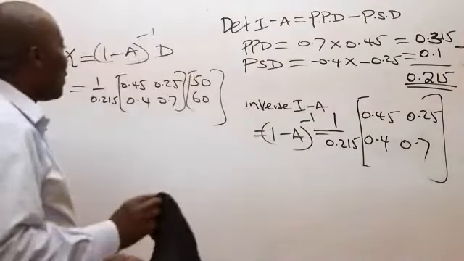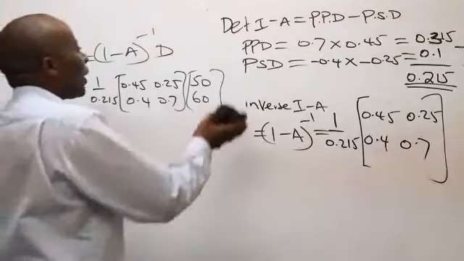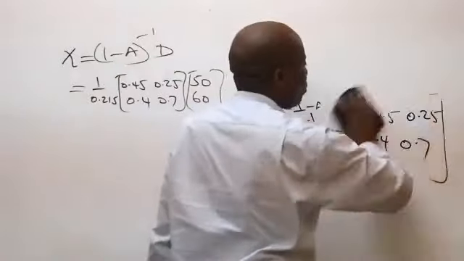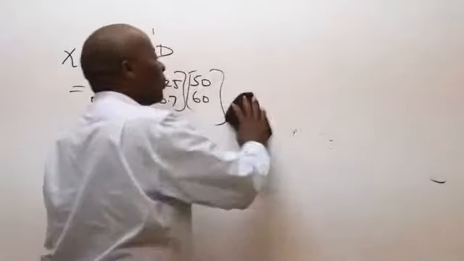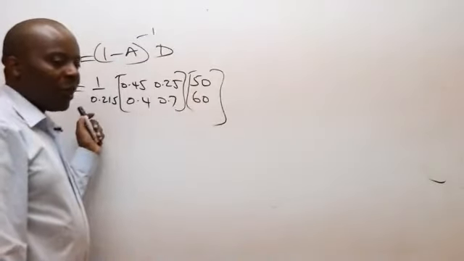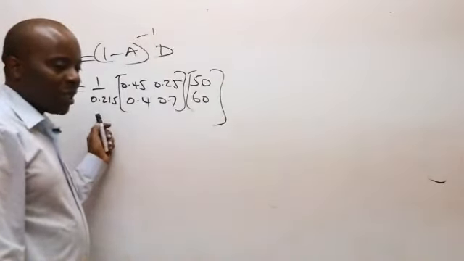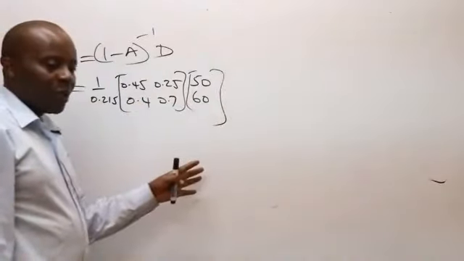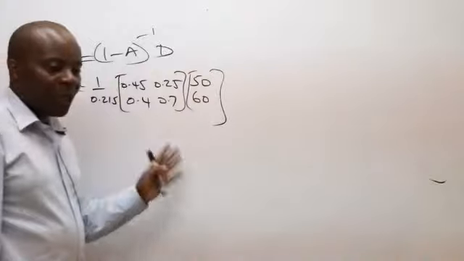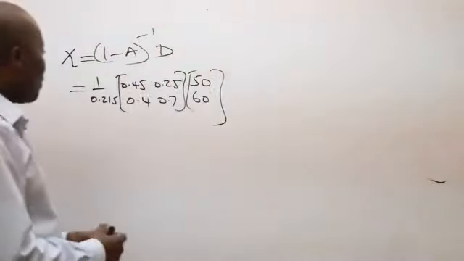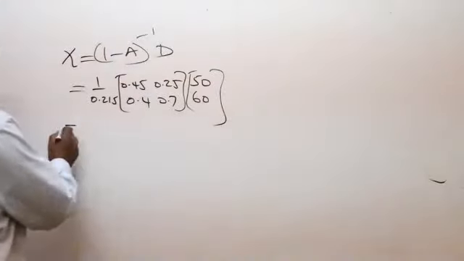Ladies and gentlemen, what you're supposed to do: this that we have outside here will be called a scalar. So basically you multiply the matrices first. We give matrix multiplication priority, and the scalar will be left outside.